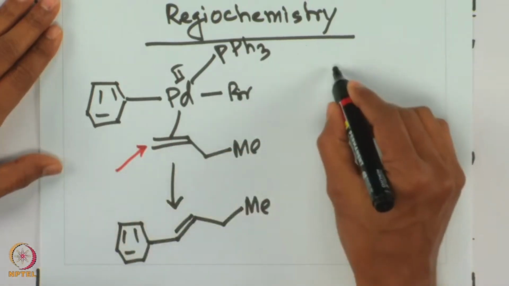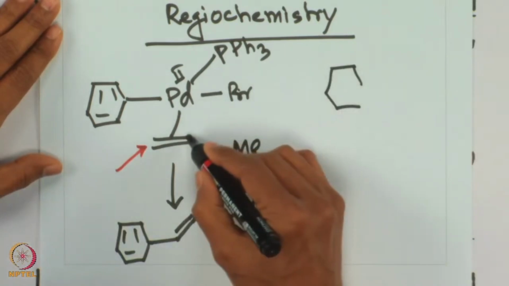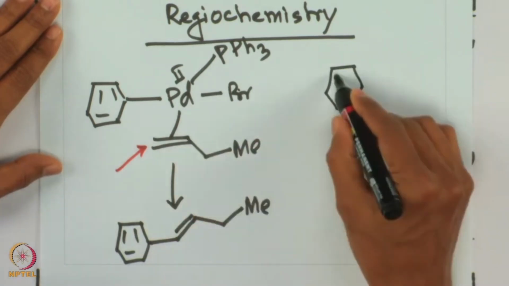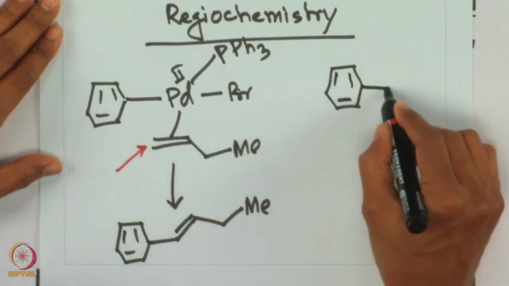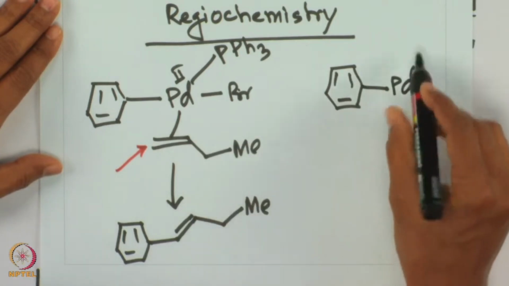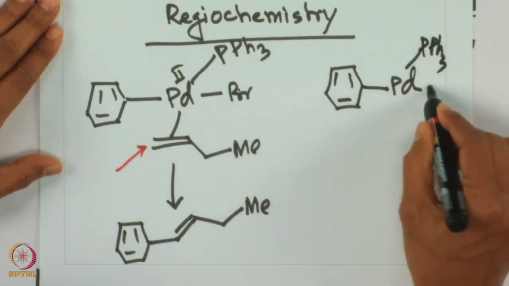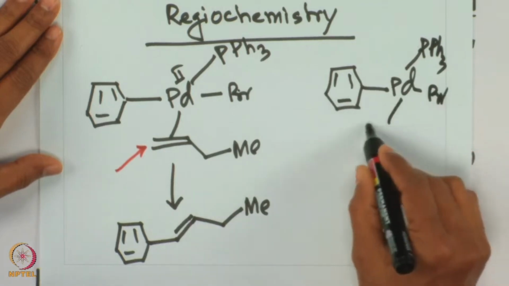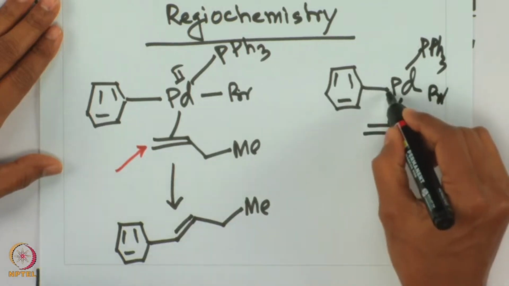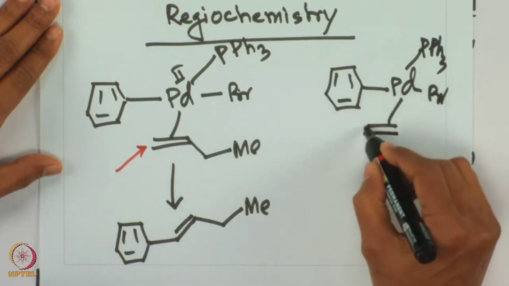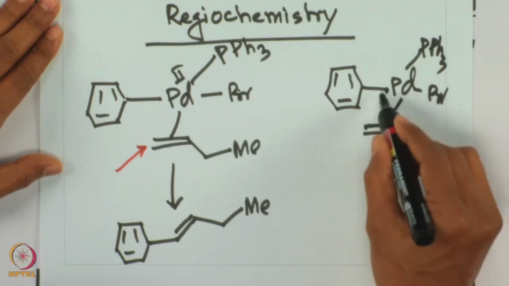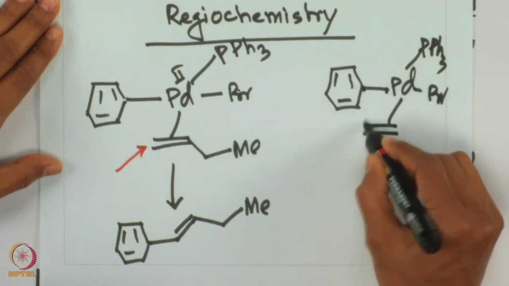The other center, if we are to substitute this position, of course, that position has to be close with respect to the new bond forming process. Let us look at that orientation. If it has to substitute at this position, these two carbon centers should be close to each other.